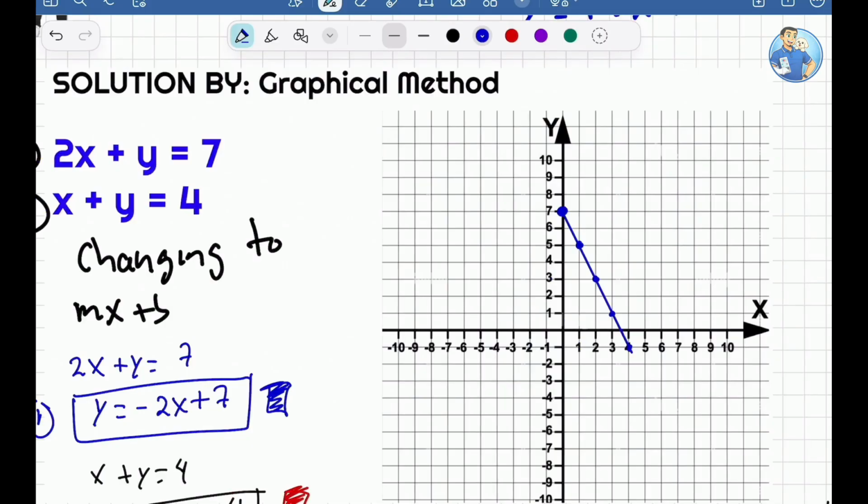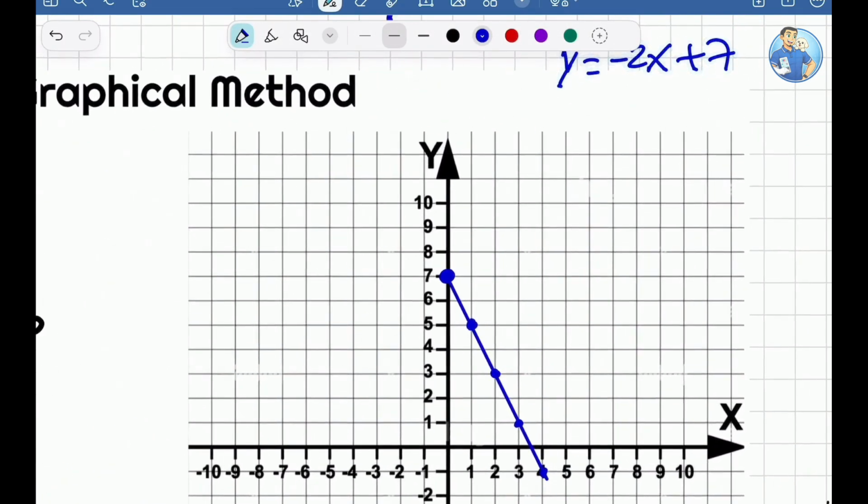If you don't remember the meaning of the rate of change, you can use the x values to find the points. For example, we have y equals minus 2x plus 7. To find the points, what happens when x is 1?